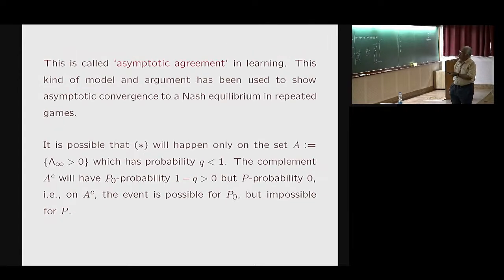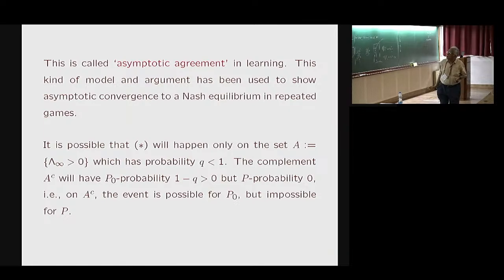So this is called asymptotic agreement, but it's useful when it's true everywhere. So Y given past till n, this goes to 0.